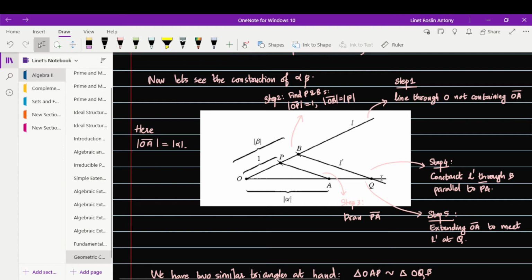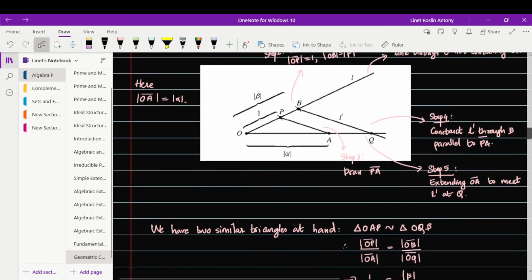In step 4, draw a line L dash which is parallel to this PA, and it should pass through B. Step 5, extend OA bar, so that this extension meets L dash at Q. That's all about the steps, and remember the figure. We have to use the figure to see the construction of alpha beta.